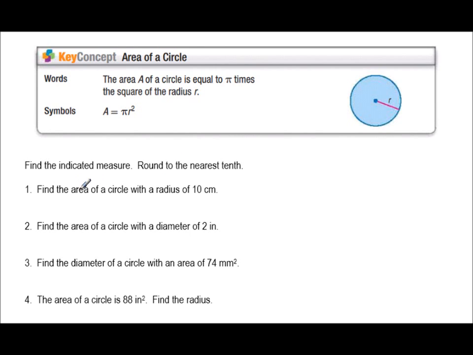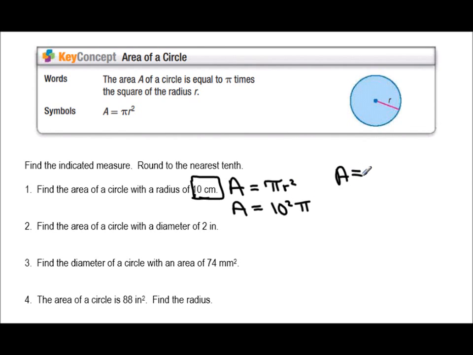So finding the area of a circle with a radius of 10, the area formula is pi times the radius squared. And if the radius is 10 centimeters, then the area would be 10 squared times pi. And 10 squared is equal to 10 times 10.